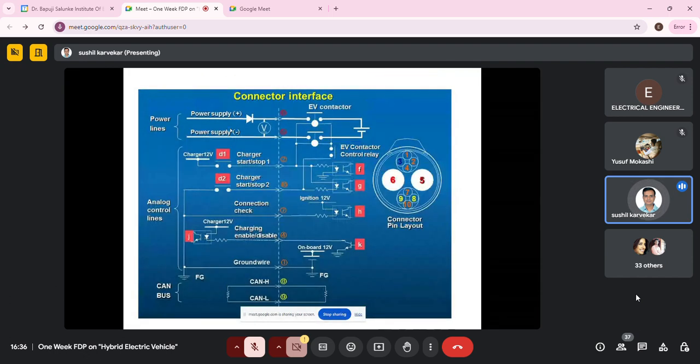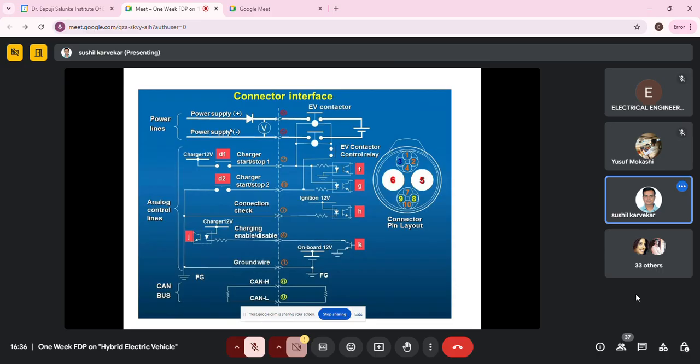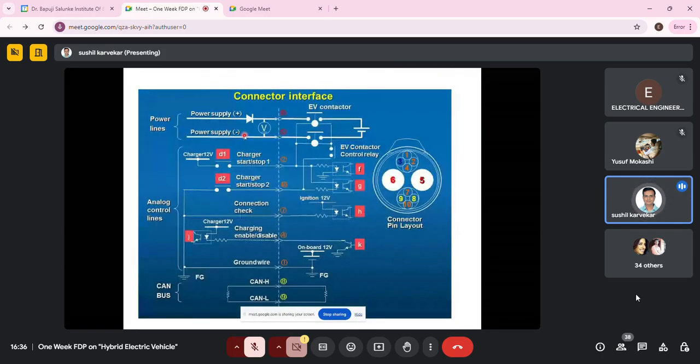At the very beginning, the charger is going to generate the start of charging signal. If you see this socket, we are going to have the start of charging signal from D1. I'll take a laser pointer so that it becomes easier for you to understand. So D1 is present in the connector at this particular location.